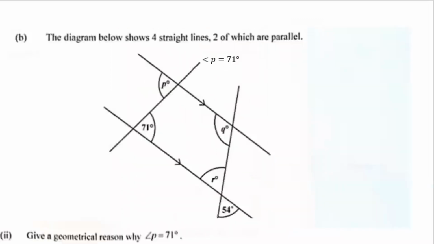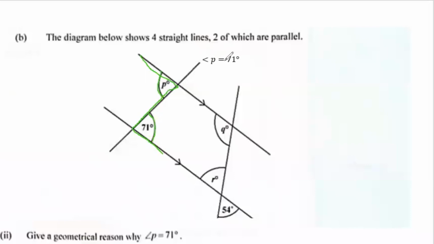Part 2 now says, give a geometrical reason as to why angle P is equal to 71 degrees. And then you remember in geometry when your teacher was drawing something from the alphabet that resembles a Z, and they say when you see Z angles, these parts are equal.